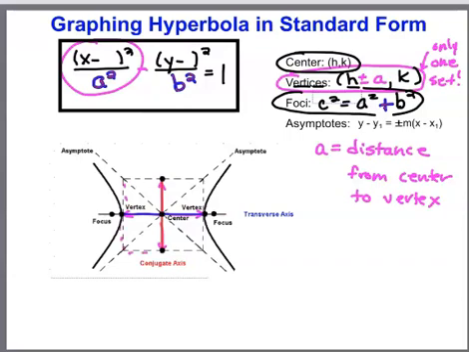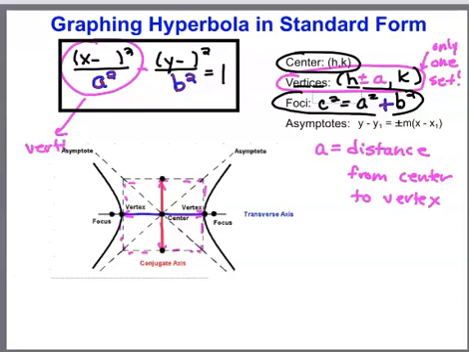Then you make a rectangle instead of an ellipse, but it's just dotted. It's almost like an asymptote, just a guide for our graph. But the vertices only come from the first term. So this is where the vertices come from.